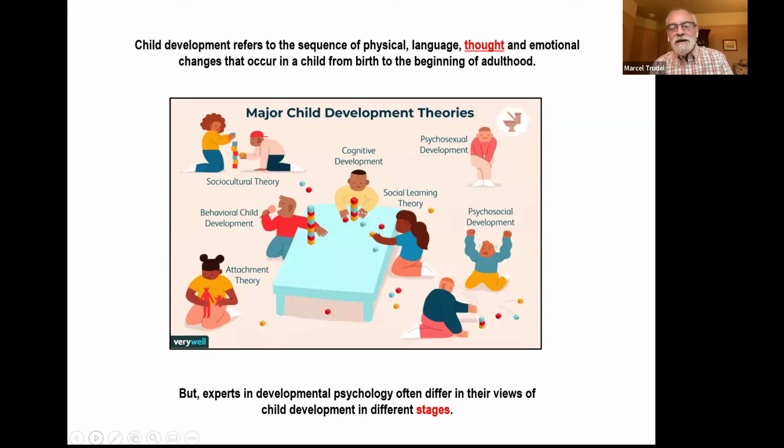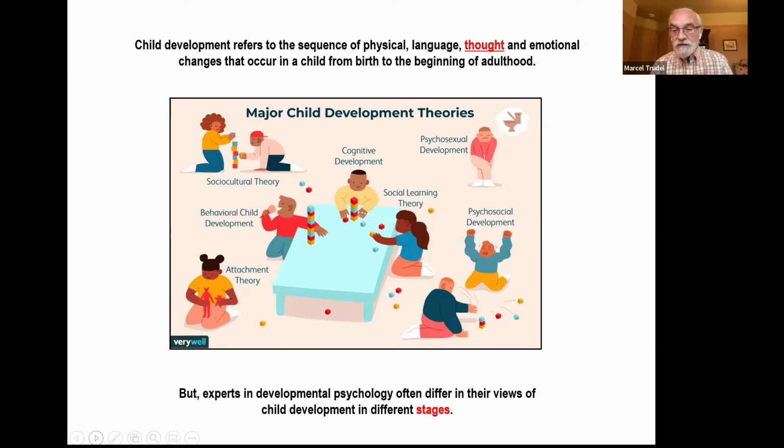That's the main problem in working with young children. I would just read it. Child development refers to the sequence of physical, language, thought, and especially emotional change that occurs in the child from birth to the beginning of adulthood. The experts in developmental psychology often differed in their view of child development in different stages.